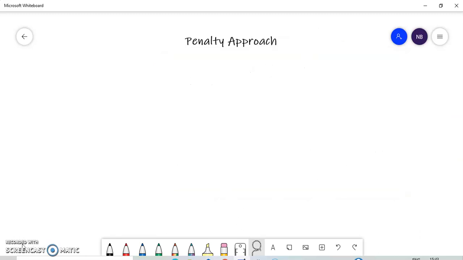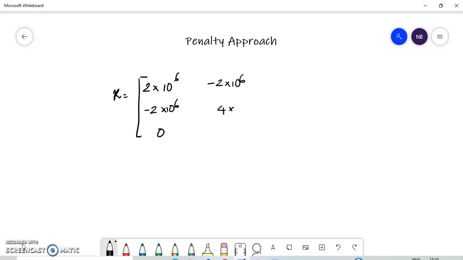So I have a stiffness matrix which is like this: 2 into 10 to the power 6, minus 2 into 10 to the power 6, 0; minus 2 into 10 to the power 6, 4 into 10 to the power 6, minus 2 into 10 to the power 6; 0, minus 2 into 10 to the power 6, 2 into 10 to the power 6.